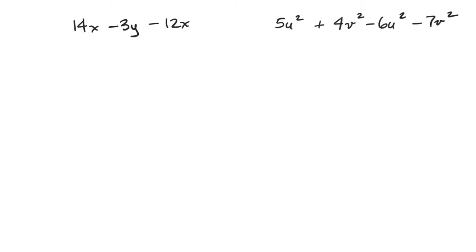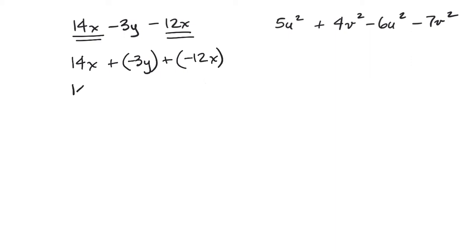Like I could say, well, this one is a like term with that one, so I want to get those next to each other. So my next step is to write it as an addition statement, because if I have addition, then I can use the commutative property of addition and move things around as needed so that I can then add them up.